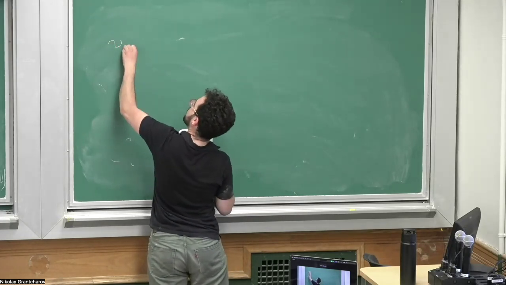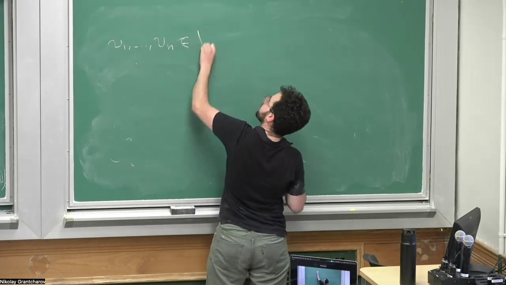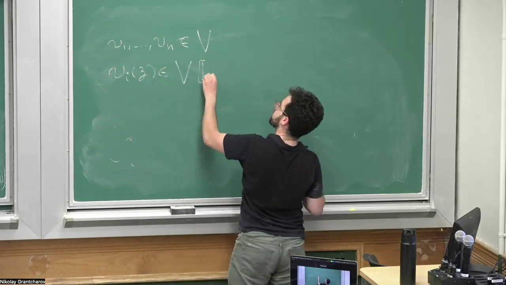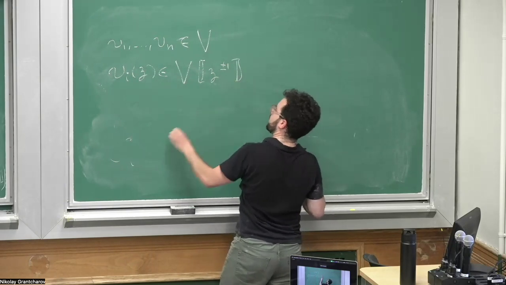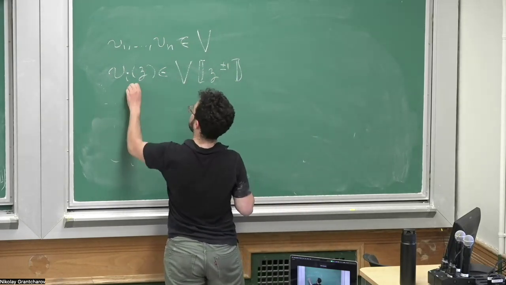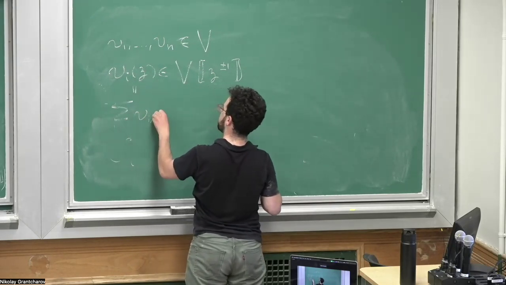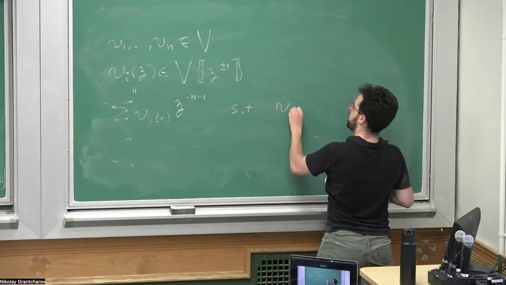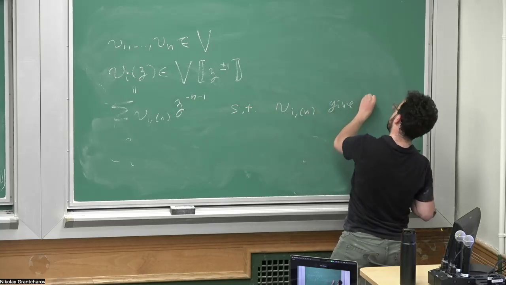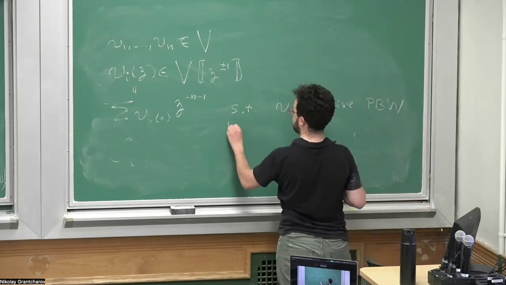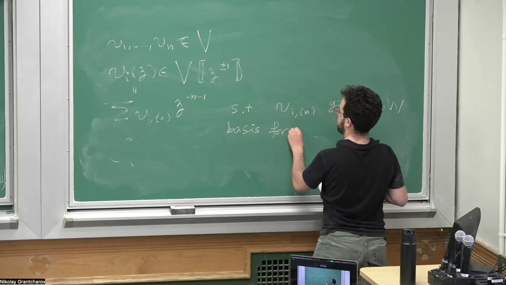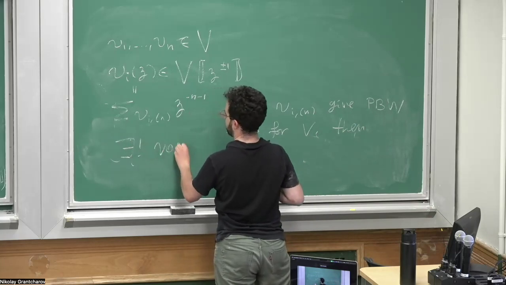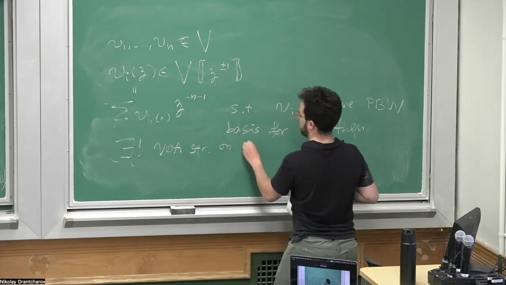Let's say I have V_1 to V_n, and I have some fields V_i(z), written as the sum of V_i,n z to the minus n minus 1, such that those elements give a PBW basis for V, then there is a unique vertex operator algebra structure on V extending those fields.